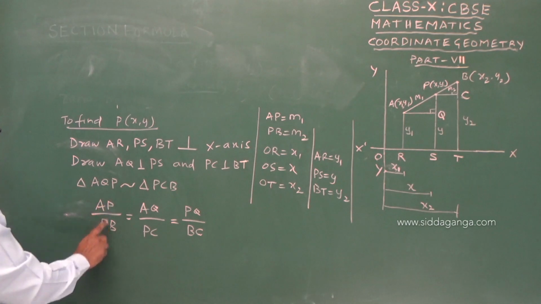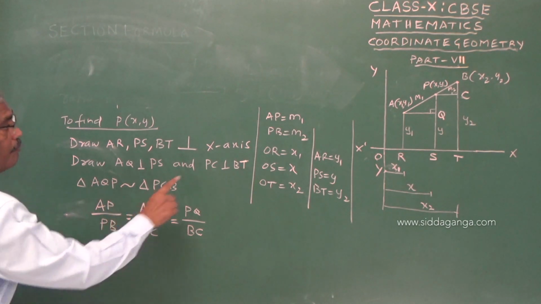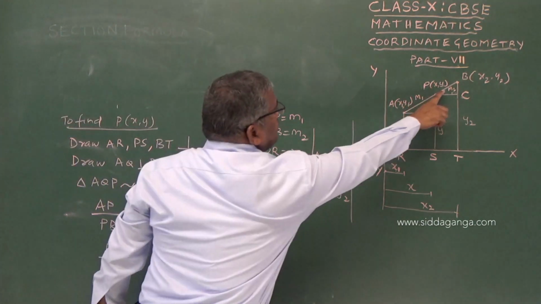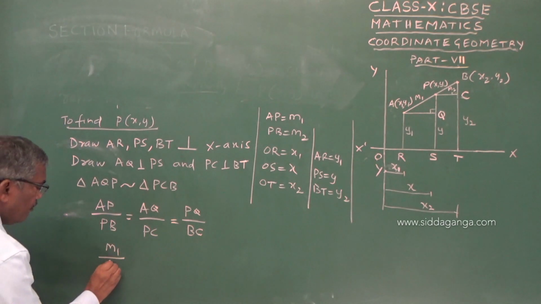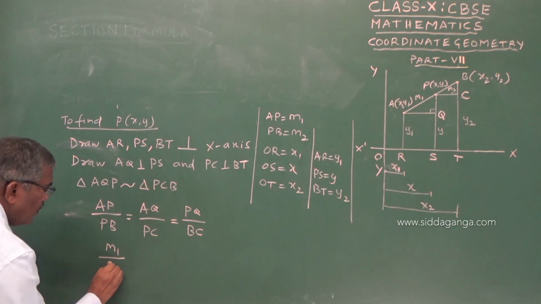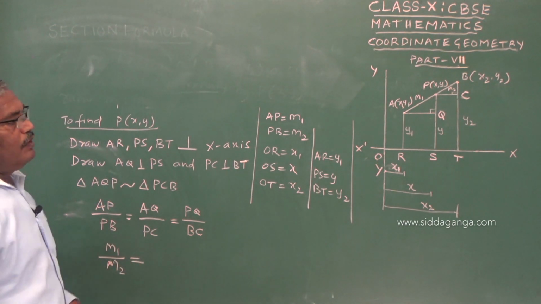Observe carefully. AP is M1 divided by PB. PB is M2. So M1 divided by M2 equals AQ.